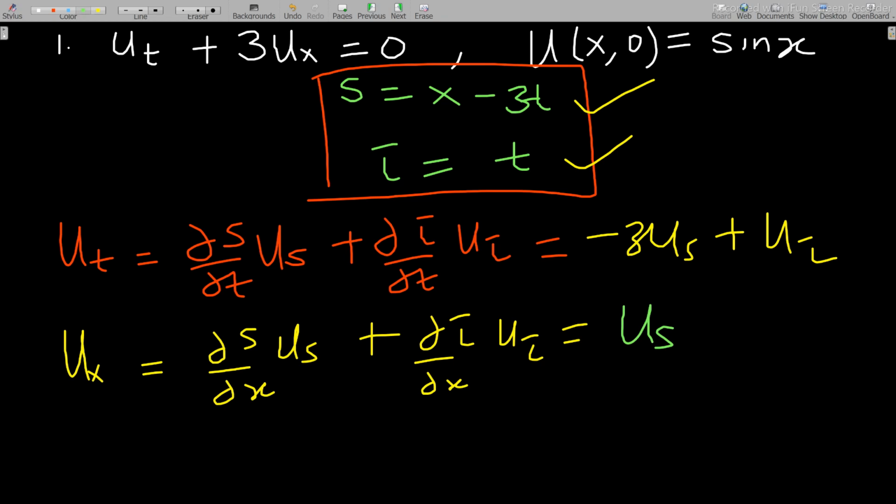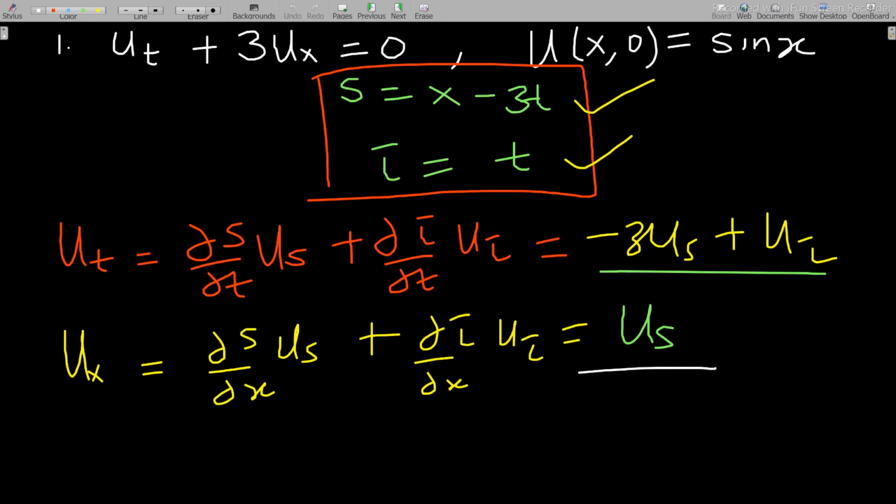So simply we come back and put our ut and our ux into the equation. Okay, so let's go ahead and put it there. Ut is this, and our ux is also this. Ut, if you remember, we said ut is minus 3 us plus u tau.